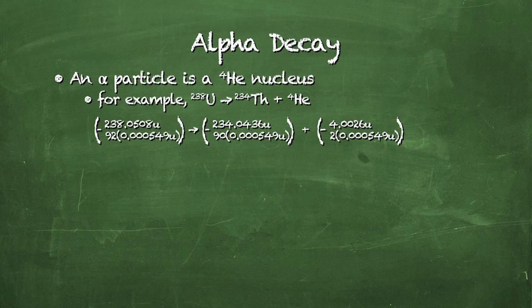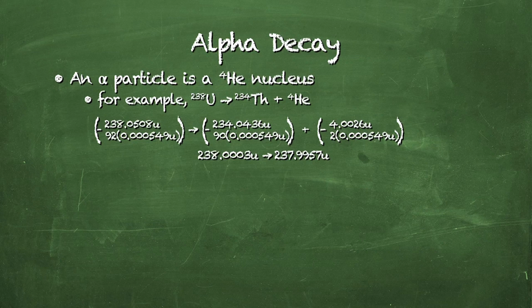If we add up all those numbers, on the left-hand side of the reaction, we have 238.0003 atomic mass units, and on the product side, we have 237.9957 atomic mass units. So we have lost mass, meaning that this reaction will proceed spontaneously.